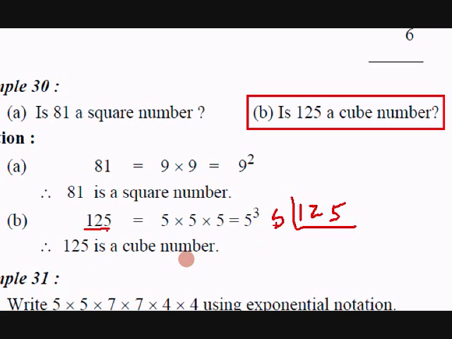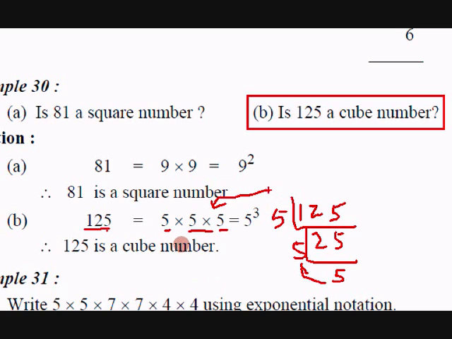So we divide by 5 and get 25. One more time we do this, we get 5, 5. So how many times is there 5? 3 times 5. Write it down: 1, 5, 5, 5.